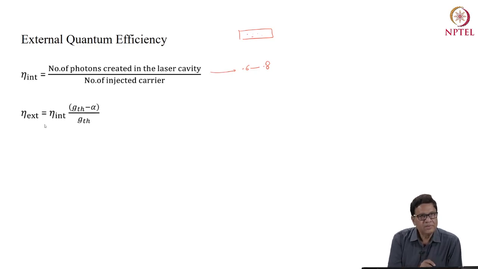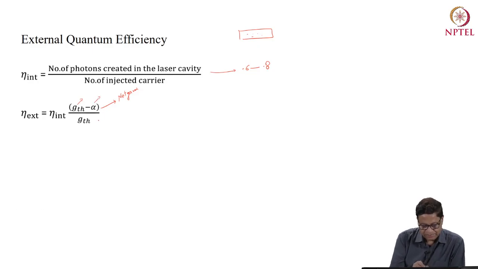And η external, that is the external quantum efficiency, is η internal into the net gain, because this is the gain part, or this is the loss part, divided by the gain part.